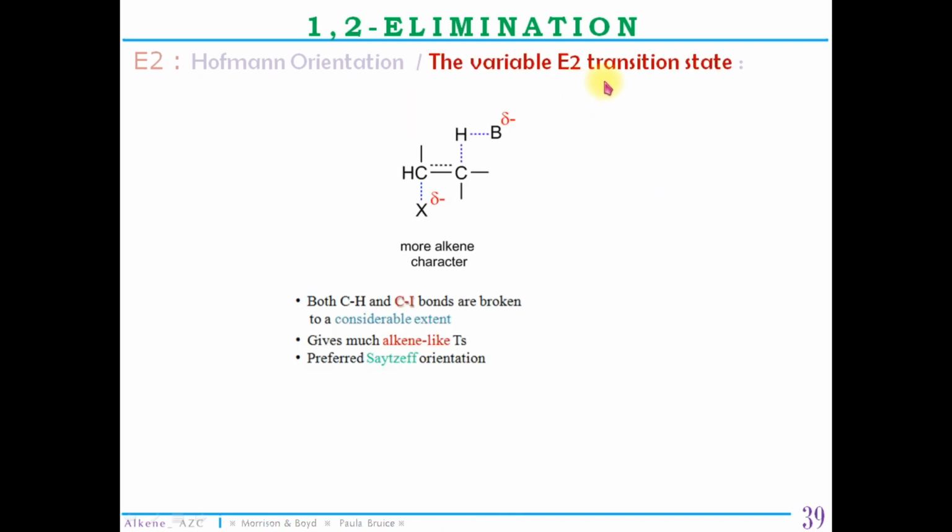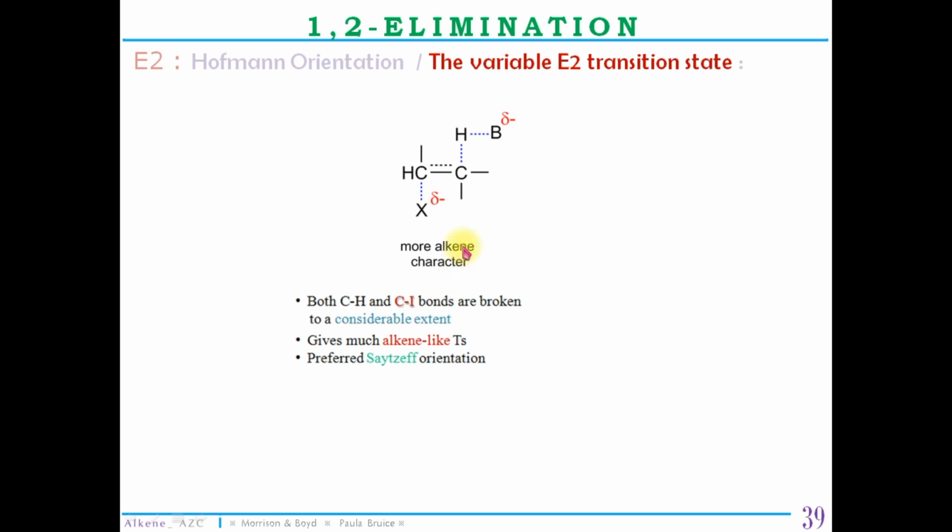The variable E2 transition state. We have already seen E2 is a concerted reaction, so both reactants are participating in the transition state. Here is the example of alkyl iodide, where in the transition state both carbon-hydrogen and carbon-iodide bonds are broken to a considerable extent.